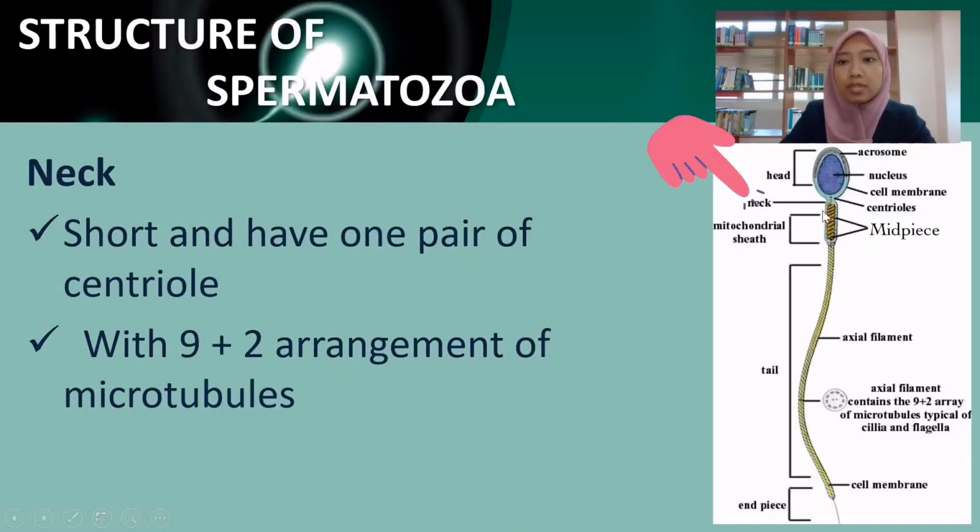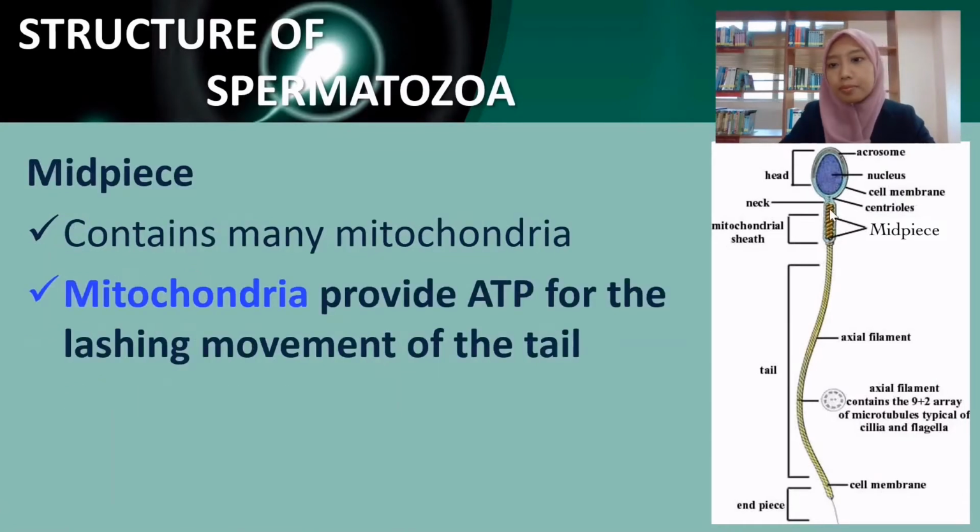What about the neck? The neck of a spermatozoa is very short and has one pair of centriole, and it has 9+2 arrangement of microtubules. Middle piece.